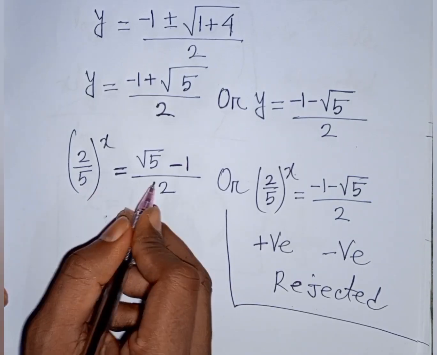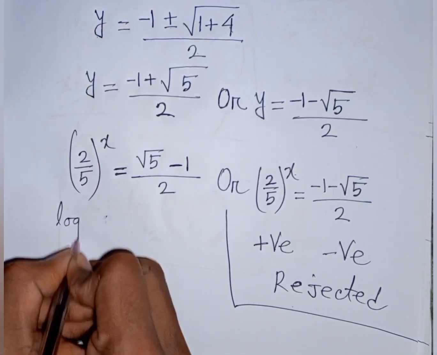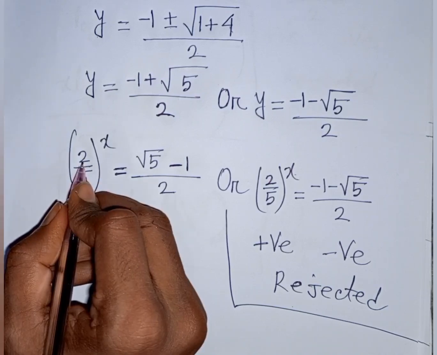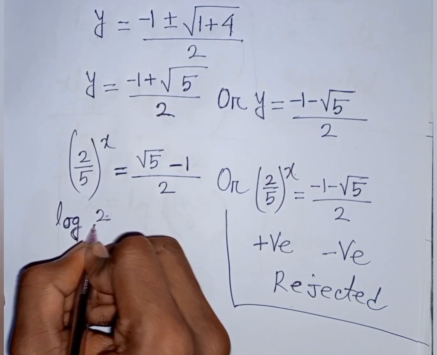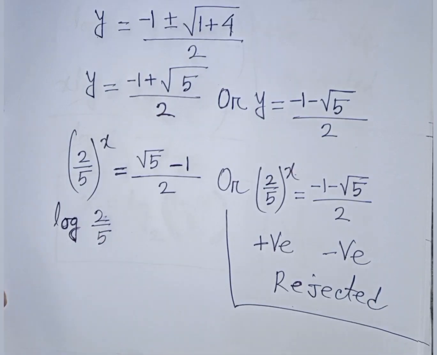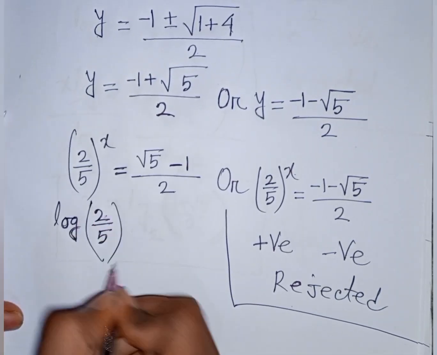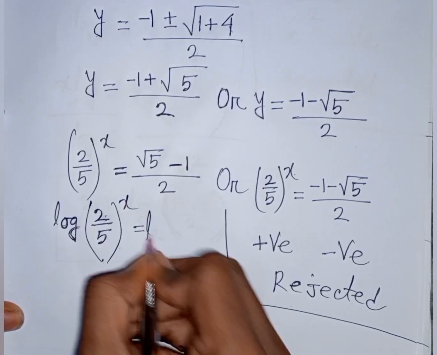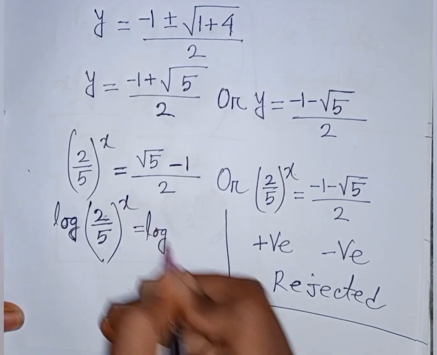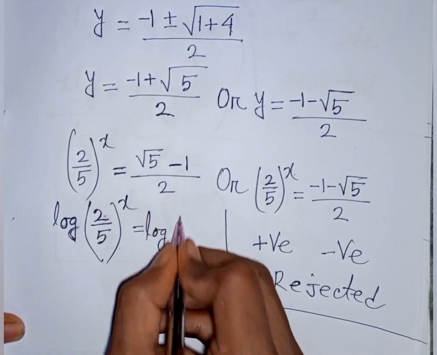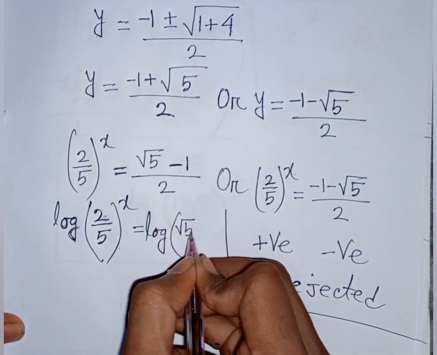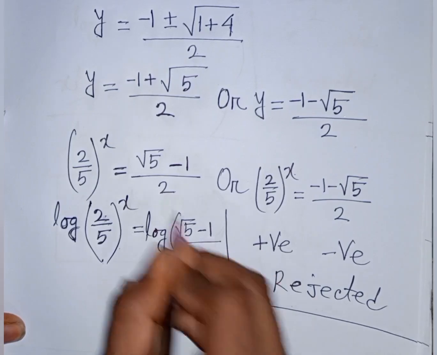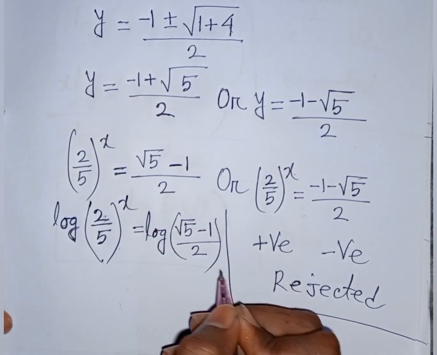Now we take log on both sides. You can write here log of 2 by 5 bracket power x is equal to log of square root of 5 minus 1, divided by 2.